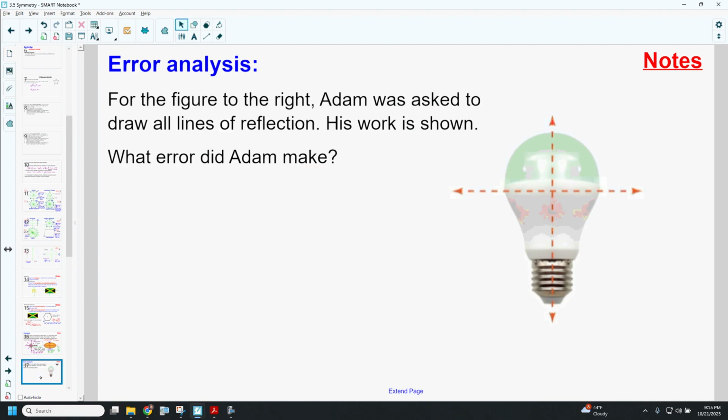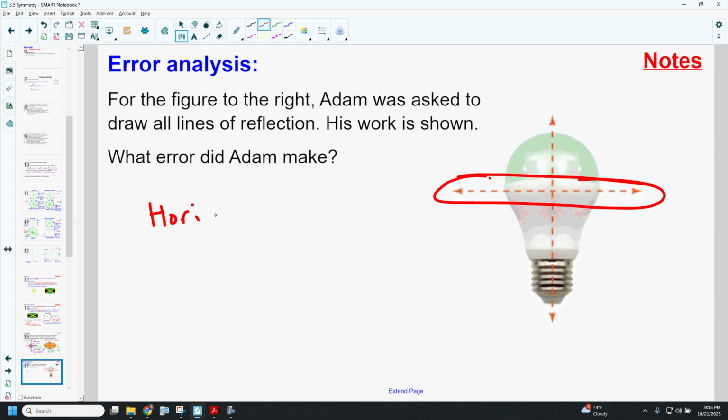Our last example. So the figure to the right, Adam was asked to draw all lines of reflection. His work is shown. What did he make? Well, this line right here, the horizontal line that you see, is not a line of reflection.